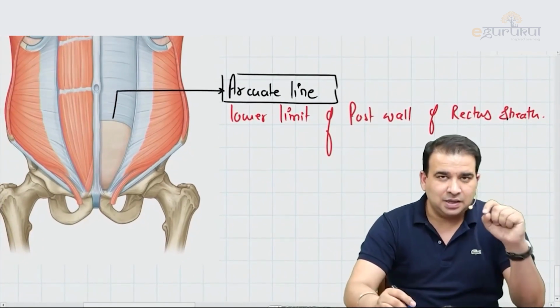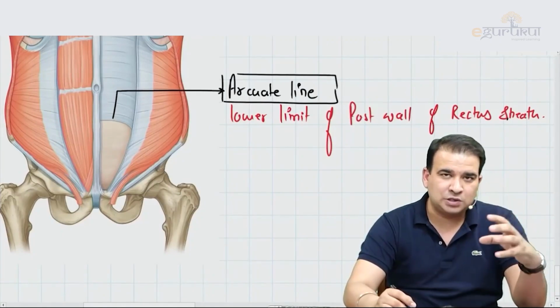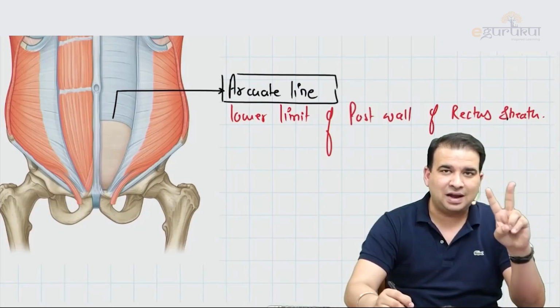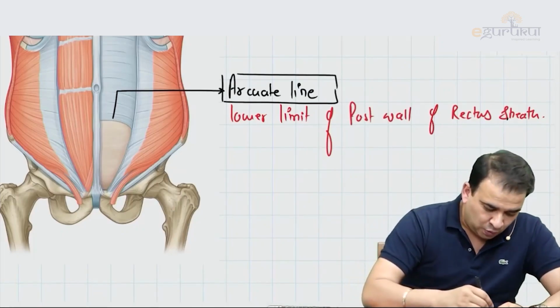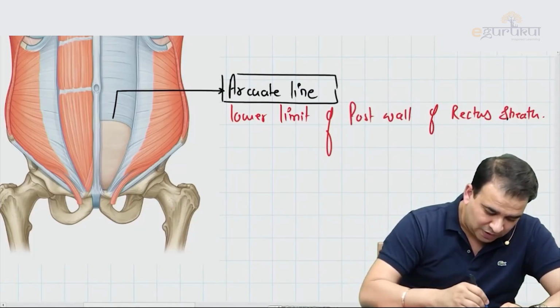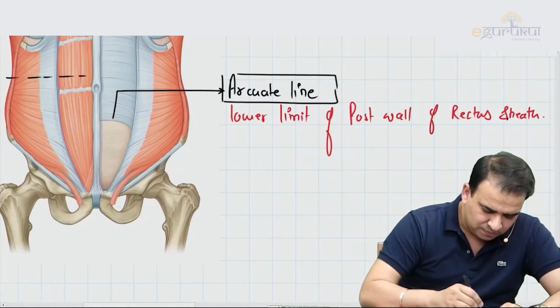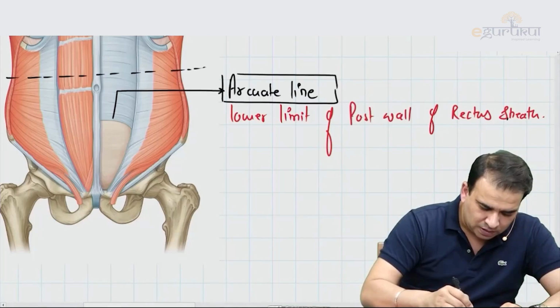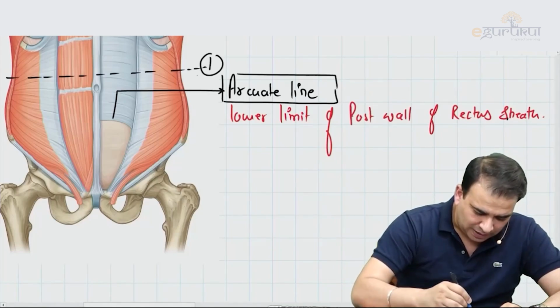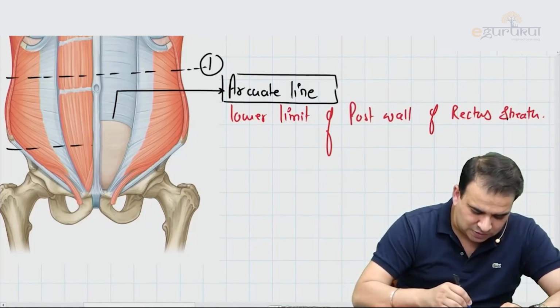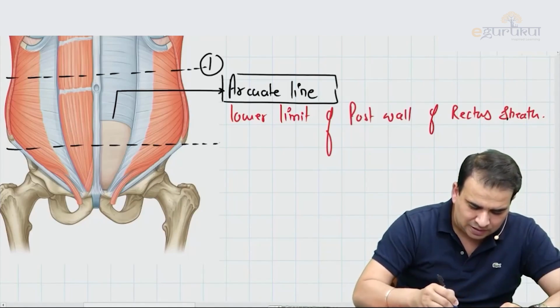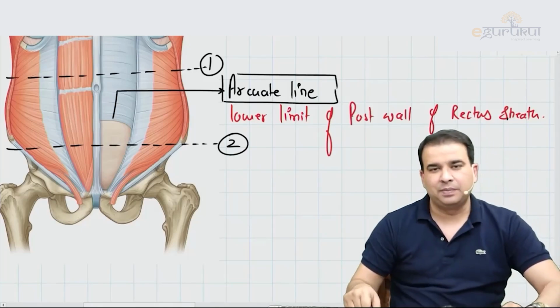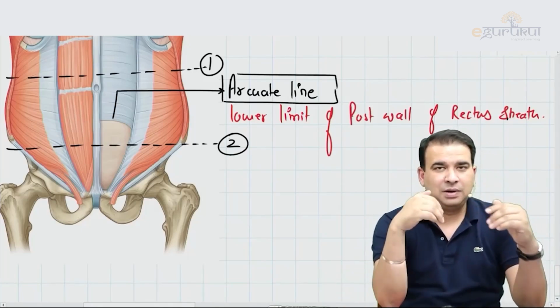To understand the walls of the rectus sheath, we need to consider at least two sections. We'll take a transverse section which is above the arcuate line, let's say somewhere from here. That will be our section 1. And then we will take a section which is present somewhere below the arcuate line. Let's say section number 2, we'll take it from here. A section above the arcuate line and below the arcuate line.